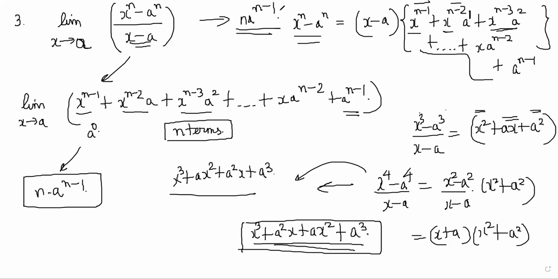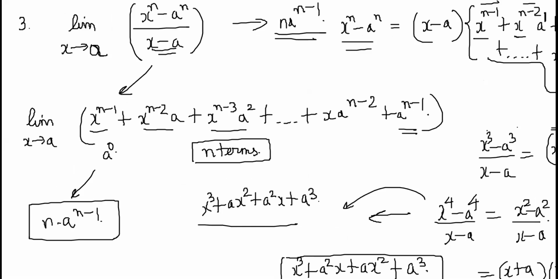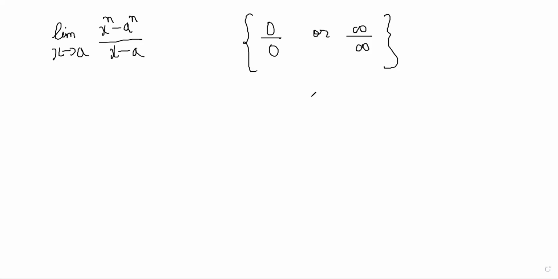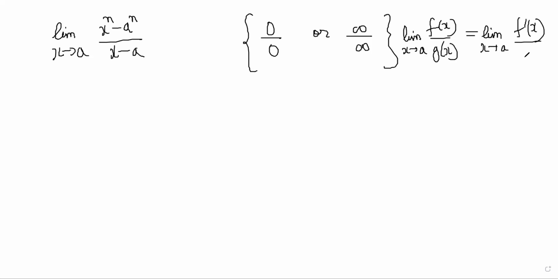Later when we do more limits, we'll see there is a rule called L'Hopital's rule, differentiating numerator and denominator. If you get a limit which is of the form 0 by 0 or infinity by infinity, then the limit of f(x) by g(x) as x tends to a will be the same as the limit of f'(x) by g'(x).